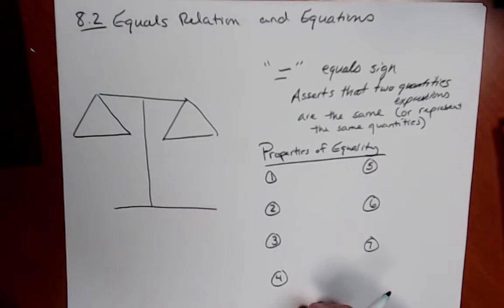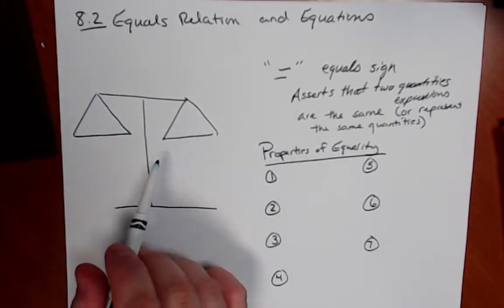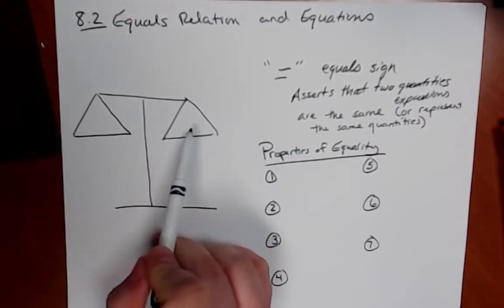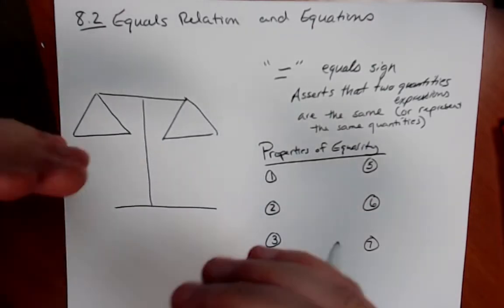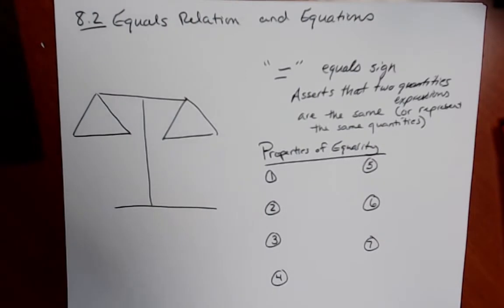And whenever we're thinking about equality, I want us to think of this pan balance. This balance where we have two things, one thing on one side and one on the other. And if they're equal, that pan will balance. If they're unequal, one of them will go higher than the other.